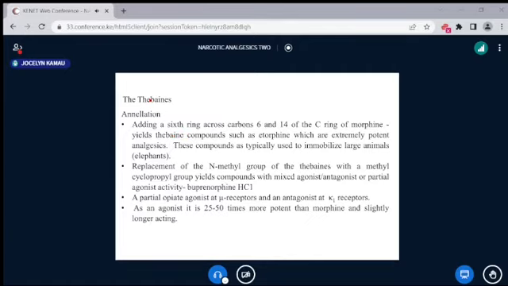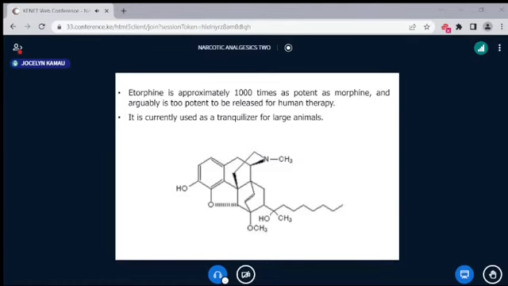Replacement of the N-methyl group of the thebaines. So now we are going to look at that structure in a minute. We can look at it. When you look at etorphine, this is position 1, position 2, position 3, 4, 5, 6. So this is position 6, 7, 8.